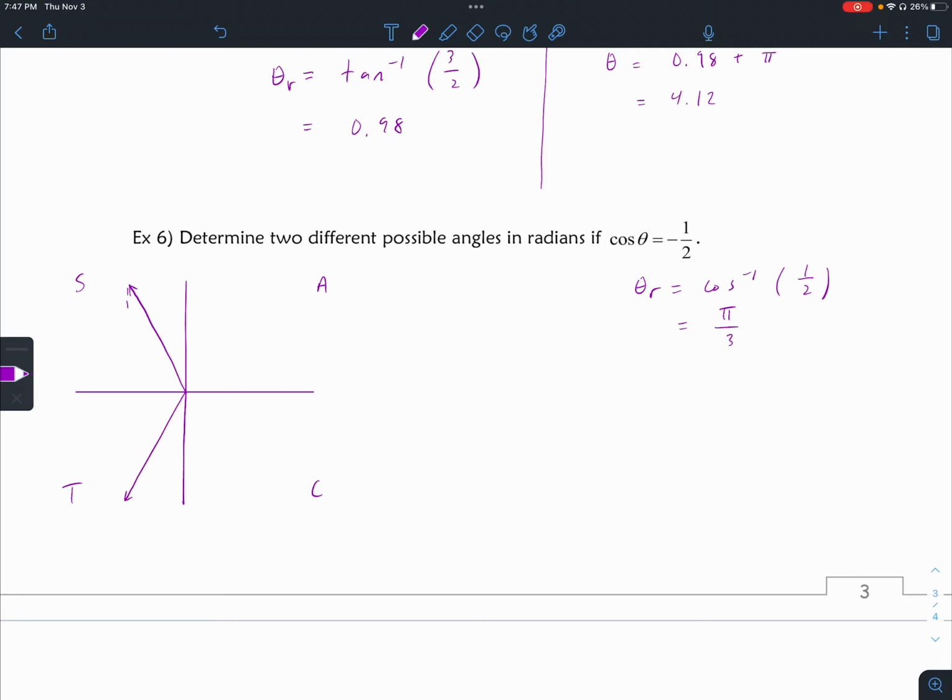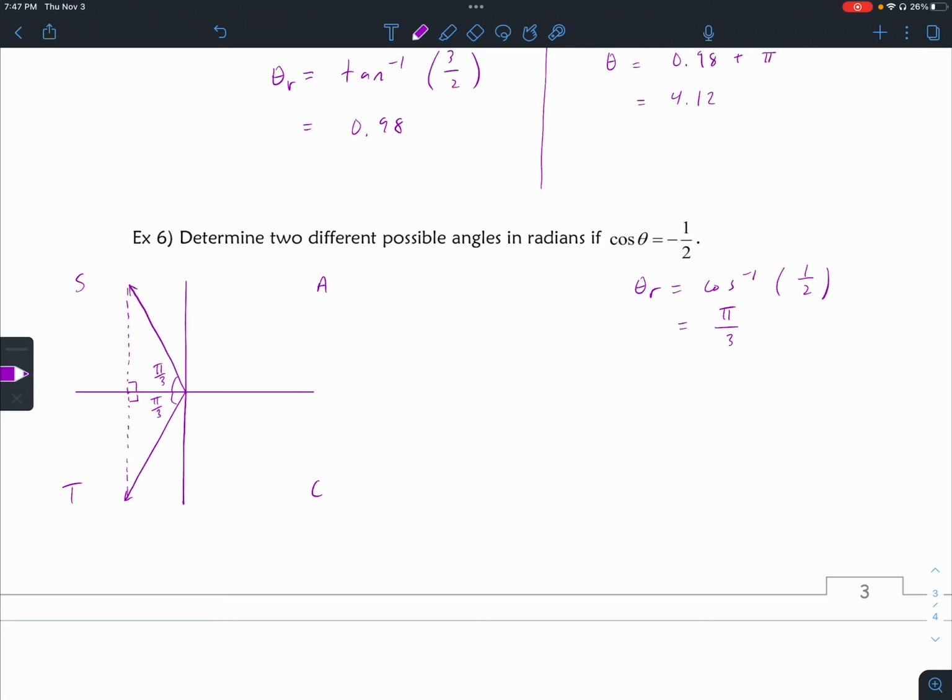So we draw our triangles. We have one here, and then we have another one here. And so right triangle, right triangle. So we know this is pi over 3. And we also know that this is pi over 3 as well.